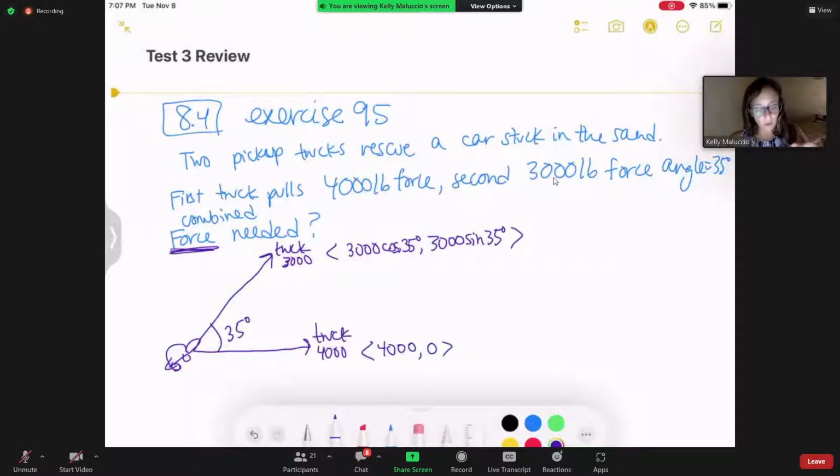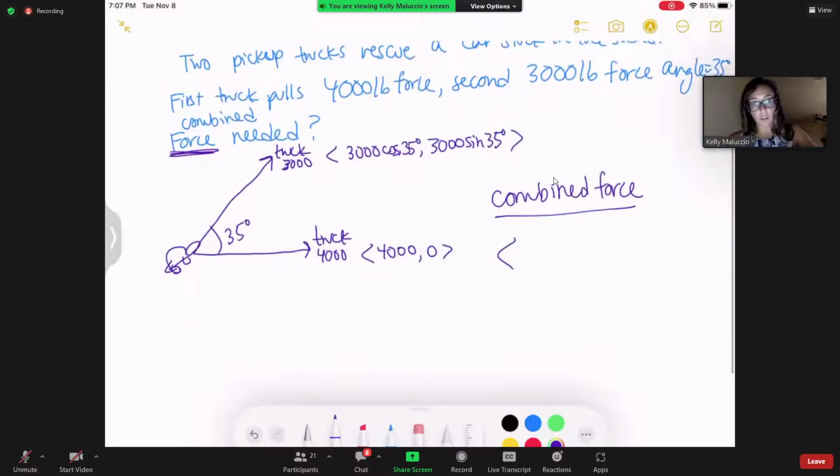Okay. So then we want to get a combined force, which is going to be the two added together. We just add them together, right? So 4,000 plus 3,000 cosine 35, and then comma, 0 plus 3,000 sine 35 degrees, right?